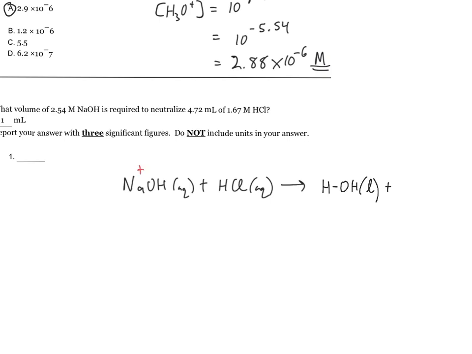Sodium's a cation, +1, hydroxide, the whole thing is -1, proton is +1, chloride is -1. Those pair, opposites attract. NaCl aqueous. And it's balanced. One sodium on the left, one on the right, one chlorine on the left, one chloride on the right. The equation's balanced.